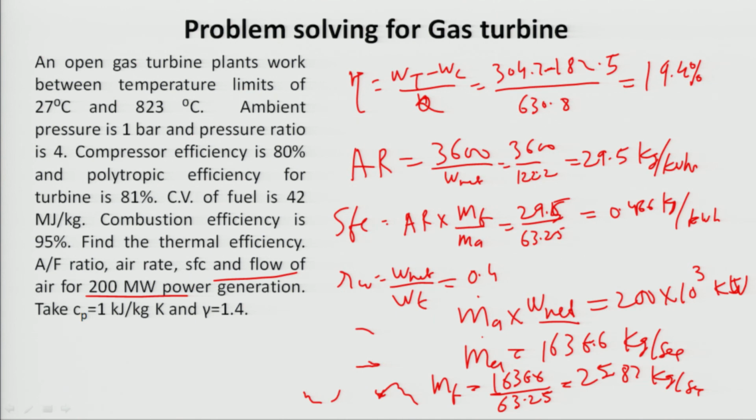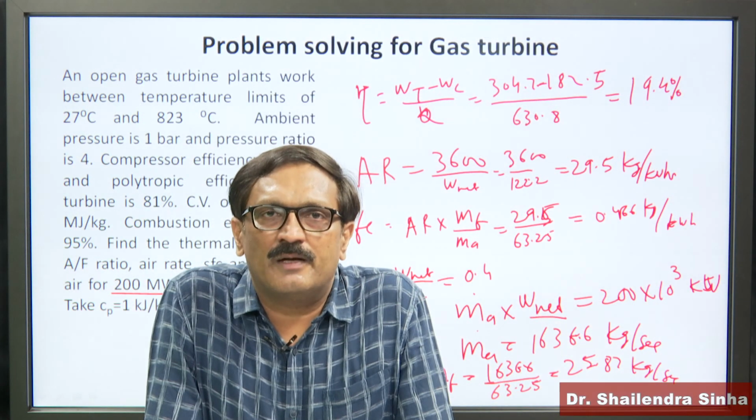We have attempted it for the simple cycle. Similarly, for the modified cycle, the only thing is with the help of the equation, effectiveness, reheating and intermediate pressure, you have to find out the temperature at the different state points, and once the temperature at the different state points is known to you, your problem is going to be solved. So, in this manner you can do the problems associated with the gas turbine. Thank you.